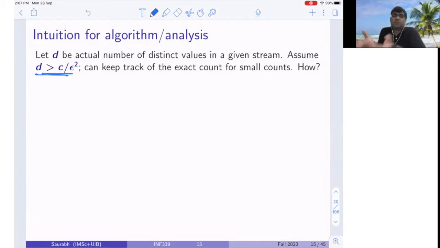Whenever a new element comes, you just check whether it is there in the data structure or not. If it is not, you put it in. So we can keep track of this. Okay, so we will assume that D is more than C over epsilon square.